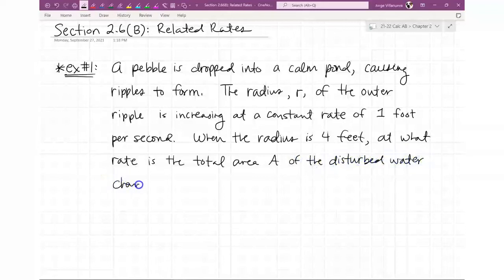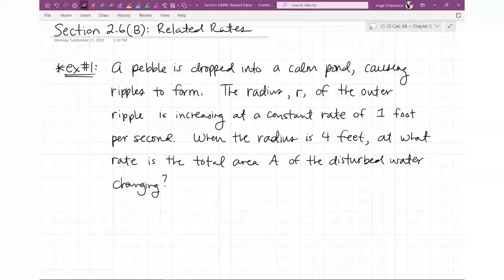So this is one problem. I'll give you a minute or so to finish writing this out. I'm going to pause the video so people aren't just watching nothing happen. So I'm going to pause real quick.